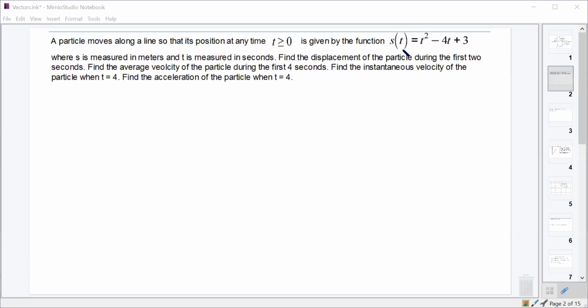So if we want to find the displacement during the first 2 seconds, first thing we need to do is find s of 0, and then we need to find s of 2. So what's s of 0? Should be 3. Okay, and what's s of 2?